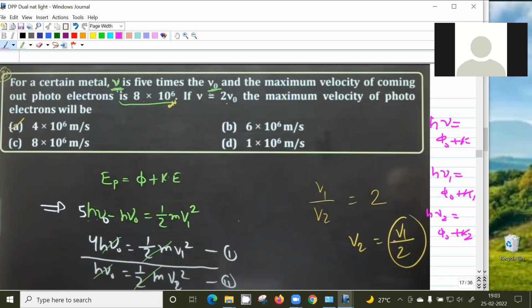Okay. So nu 1 and nu 2, we know the relation. Okay, so if we divide these two, nu 1 by nu 2 equals phi naught plus k1 divided by phi naught plus k2.